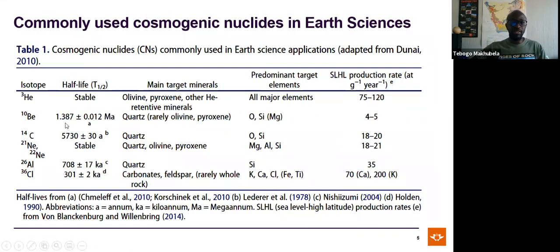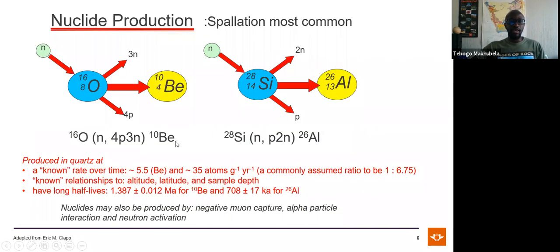In this table, these are the most common cosmogenic nuclides that are used in earth science applications. However, in this list of the most common, beryllium-10 and aluminium-26 are the most common that are used in about 80% of the studies that are produced. And these are carried out in quartz, and they are mostly produced by spallation reactions.